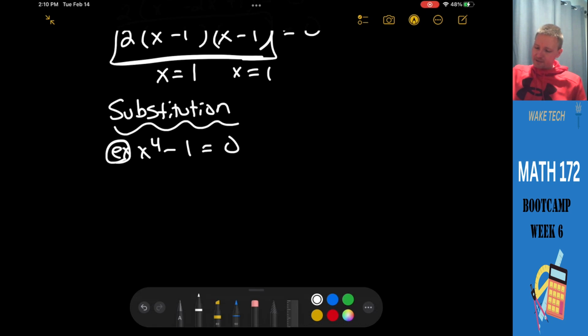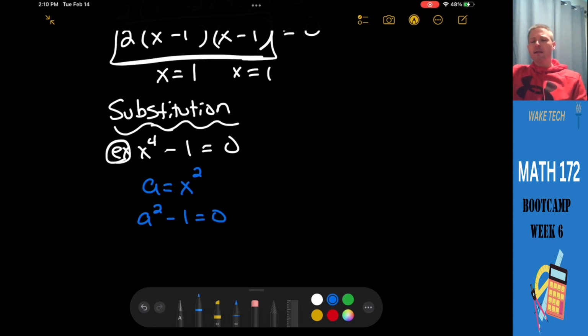So we haven't factored anything that has an exponent of 4. But we could use a substitution. Instead of x, let's use an a, but let's let a equal x squared. The reason I'm picking that is because then we can write this equation as a squared minus 1 equals 0.